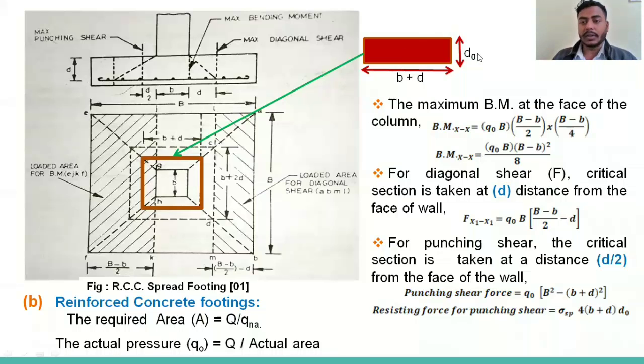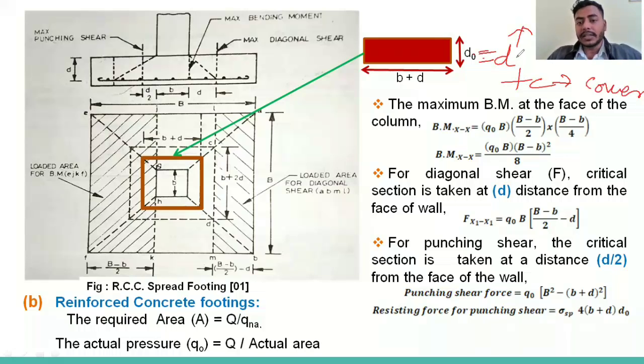This D naught is the overall depth. This D naught is not the effective depth. This D naught is the overall depth. So what will be the overall depth? It will be D plus C, where D is the effective depth and C is the cover.